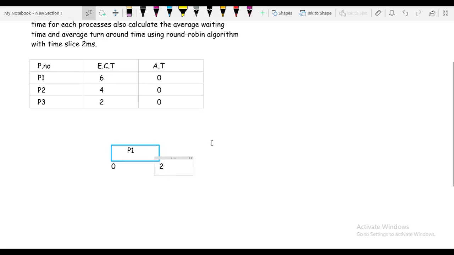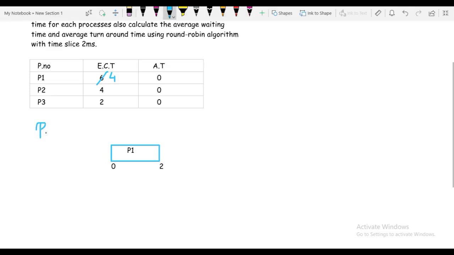Now P1 will have only 4 estimated completion time left because 2 has already run.